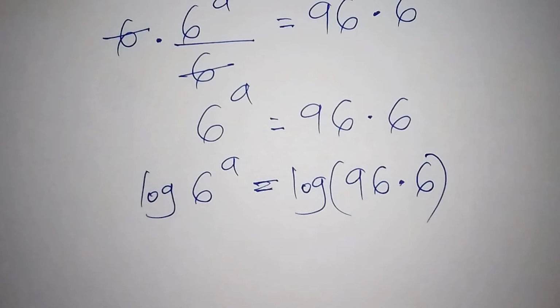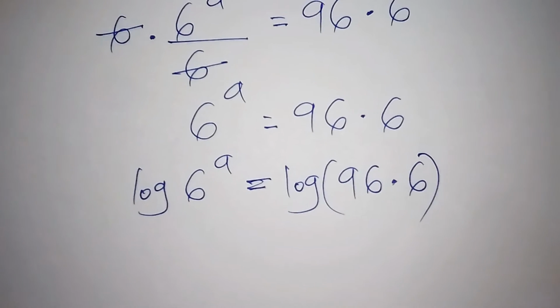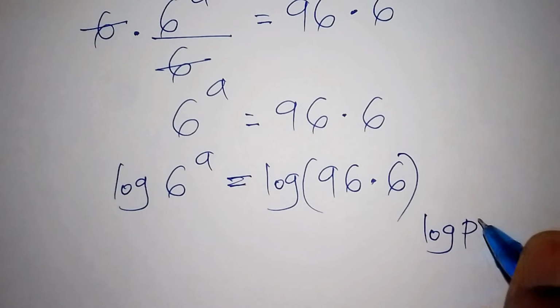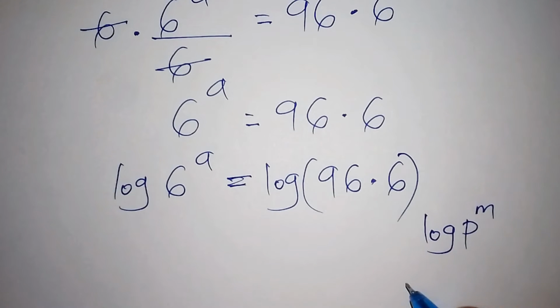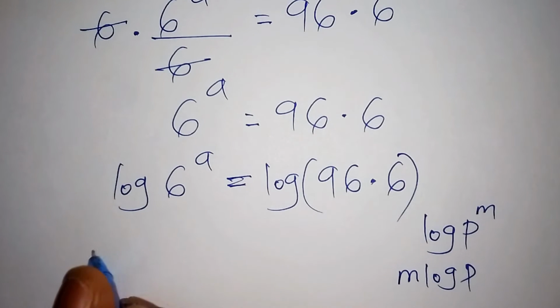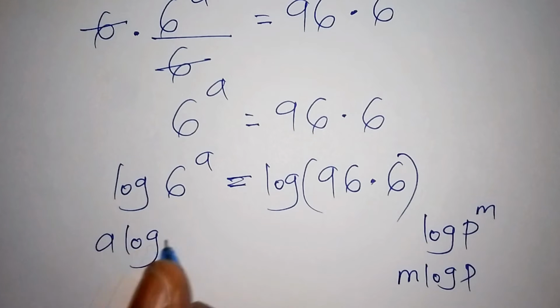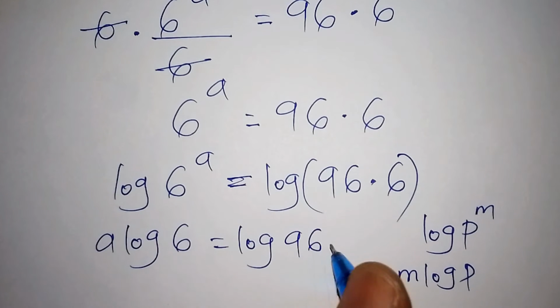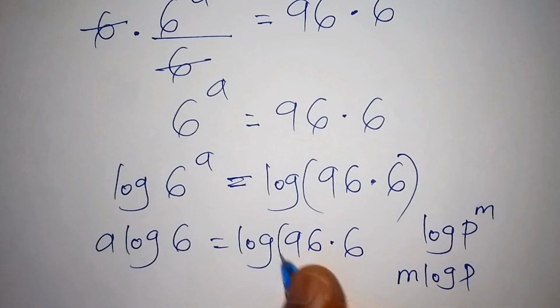Now, assume we have the log of p to the power of m; this can also be written as m times the log of p. That is to mean the log of 6 to the power of a can also be written as a times the log of 6 is equal to the log of 96 multiplied by 6.